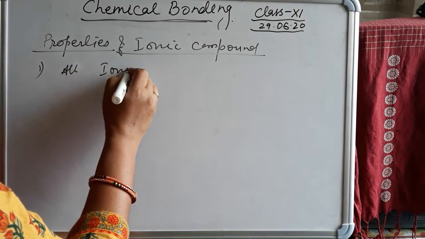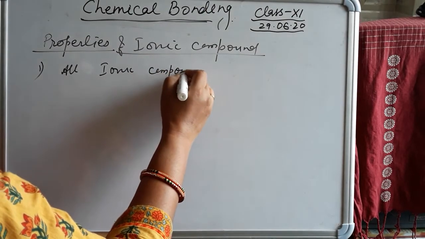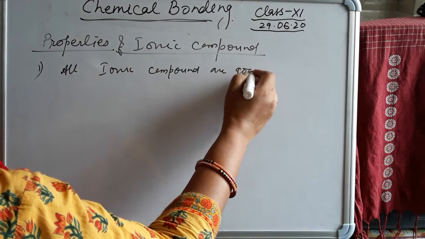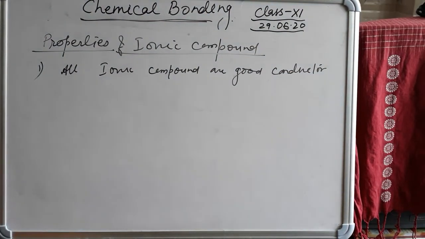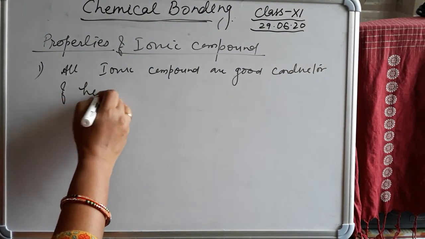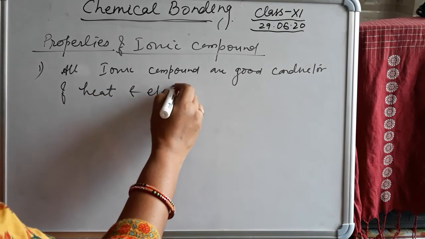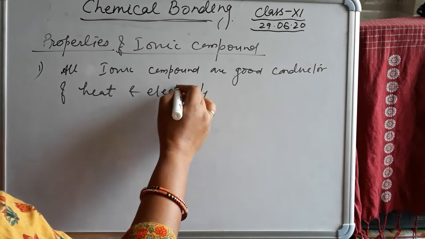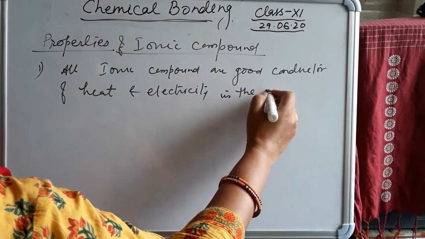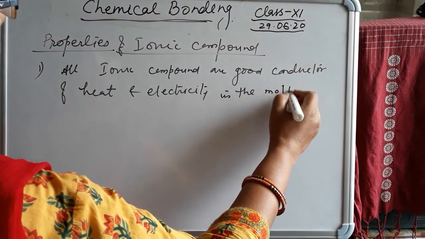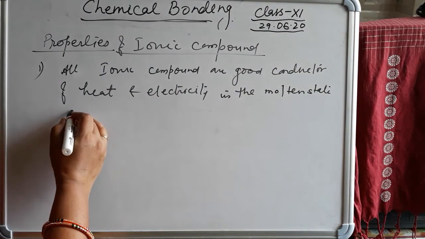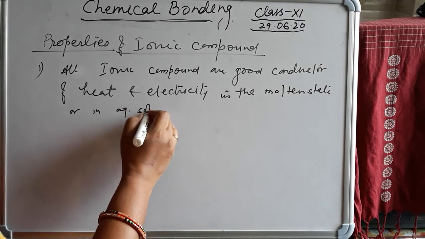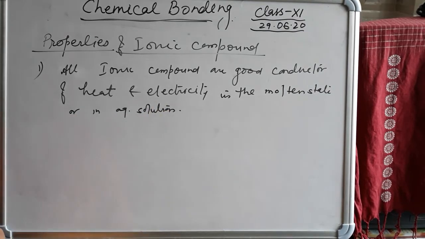Number 1: all ionic compounds are good conductors of heat and electricity in the molten state, not in the solid state, because in the molten state their ions are free to conduct, or in aqueous solution, because in the solid state their ions are not free to conduct electricity or heat.